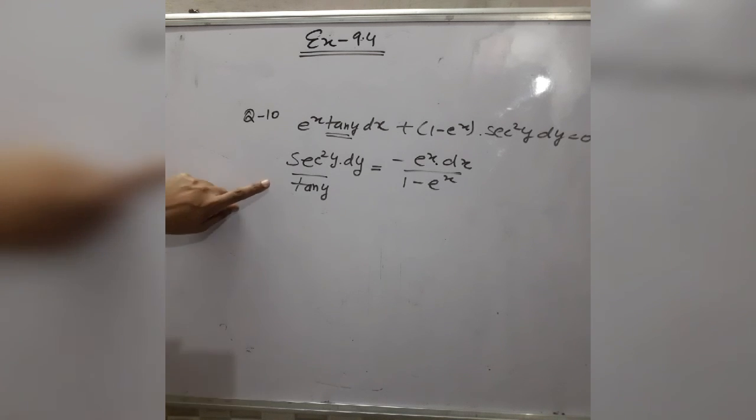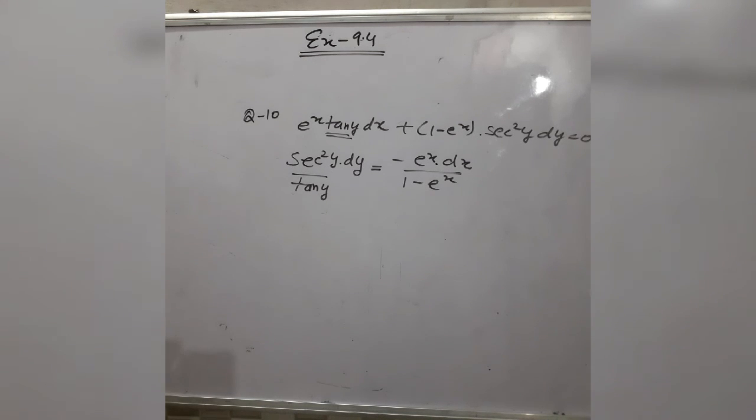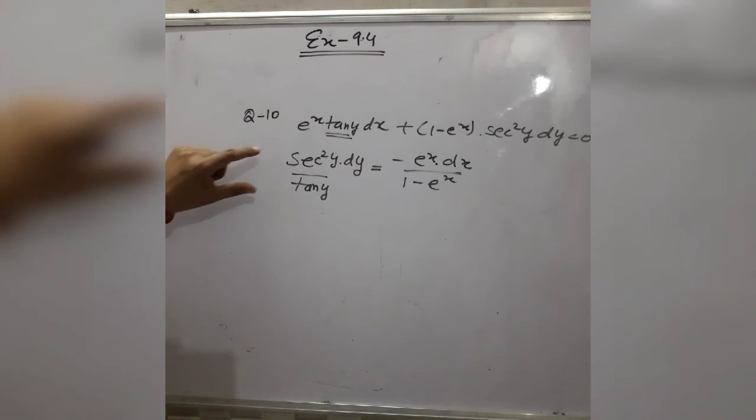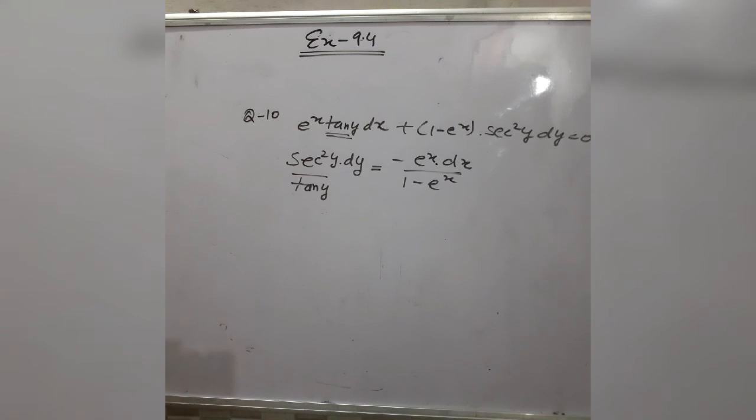So in this way, in the first step we have separated the variables, with the terms containing the y variable on the left hand side and all the terms containing the x variable on the right hand side.